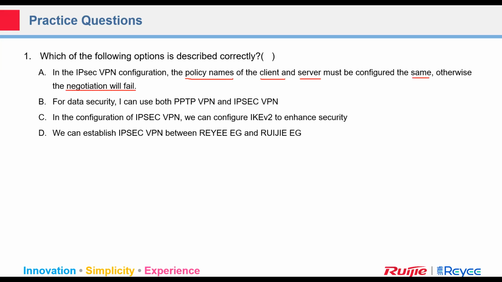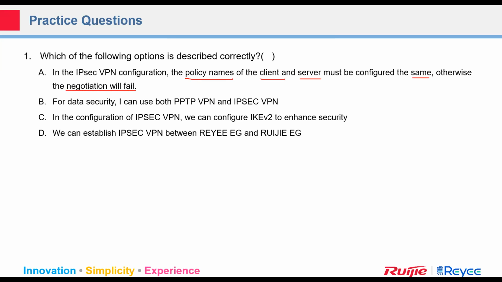So for IPsec VPN, it is not required to have the same name for client and server. What is important is the IP and the authentication key.